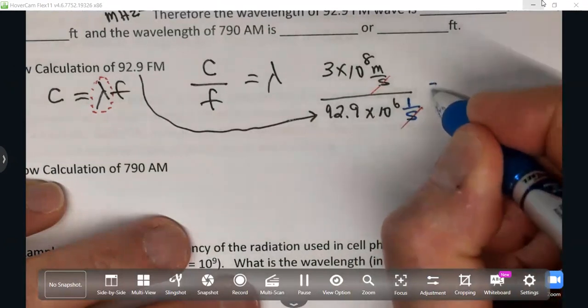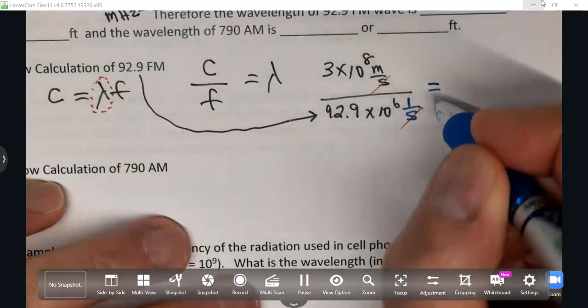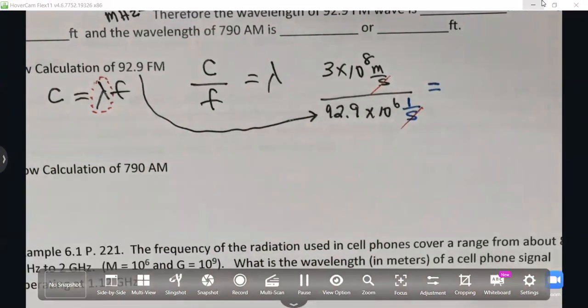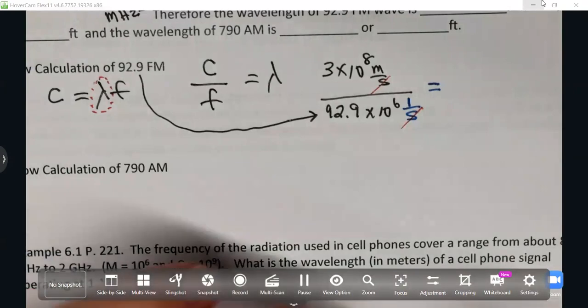So grab your calculator, punch this in. I get 3.23 meters, right? Okay.